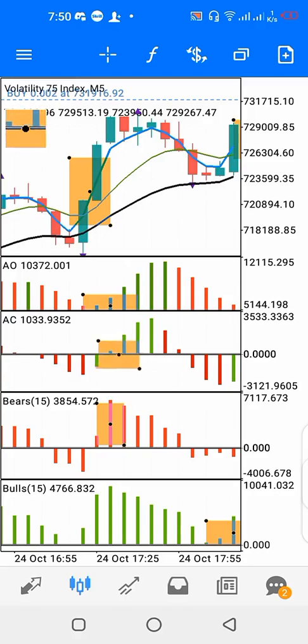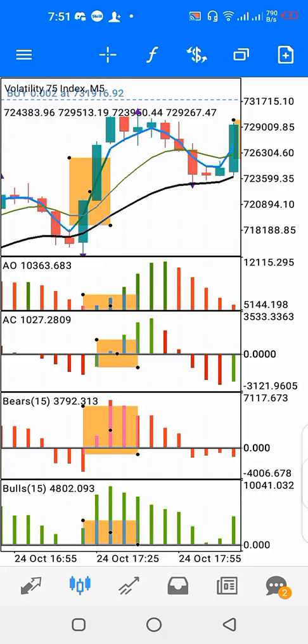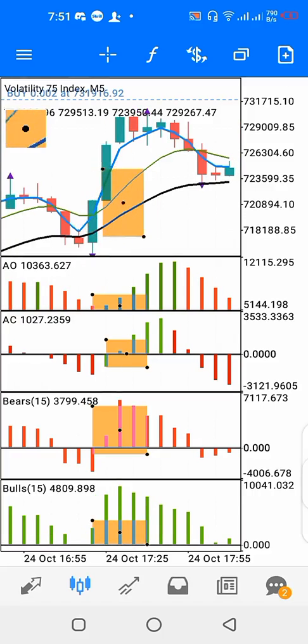Then for accelerator oscillator, for you to place a buy trade, is the accelerator oscillator bars changing from red to green? For the Bears Power, for you to place a buy trade, are the Bears Power bars forming above the zero level? Those are the conditions you look out for when placing a buy trade.